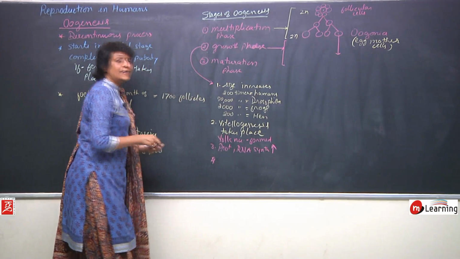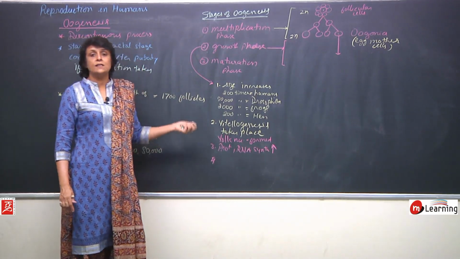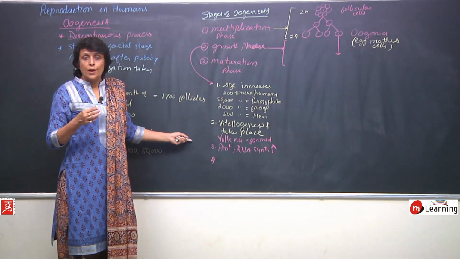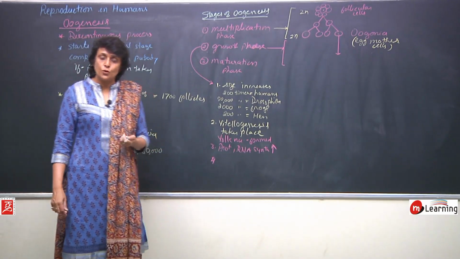In other animals, not human beings, other animals meaning reptiles, birds, the yolk content has to be more, and that is helped by some special types of chromosomes.